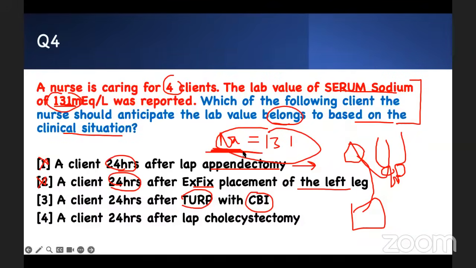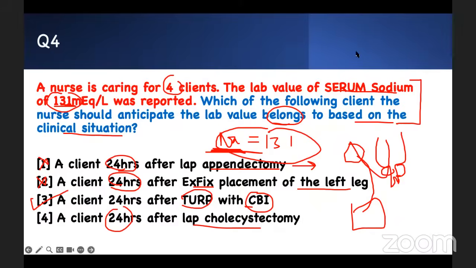Fluid and electrolytes, they can take you everywhere. So this is the culprit. Laparoscopic cholecystectomy, like I said, 24 hours, already gone home. They're not going to be receiving any more fluid. So this is the only patient who is at risk of getting fluid, and they get transurethral resection of the prostate syndrome.